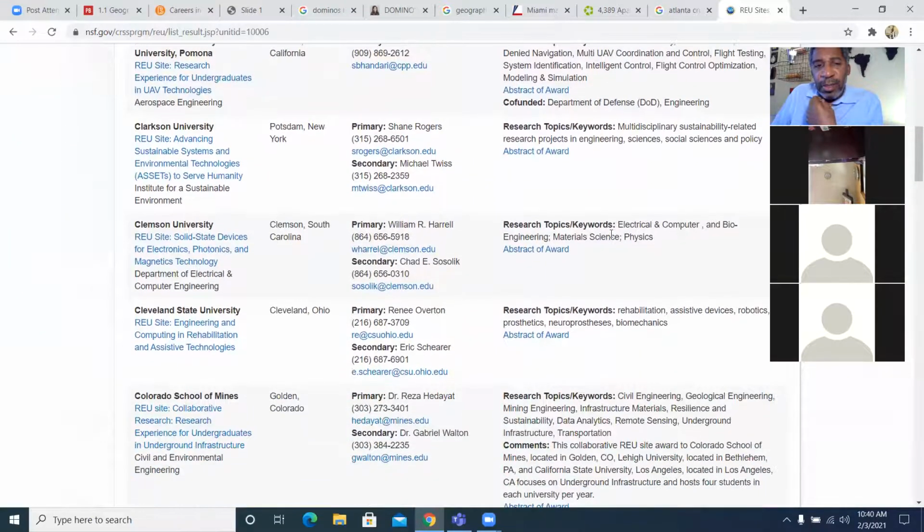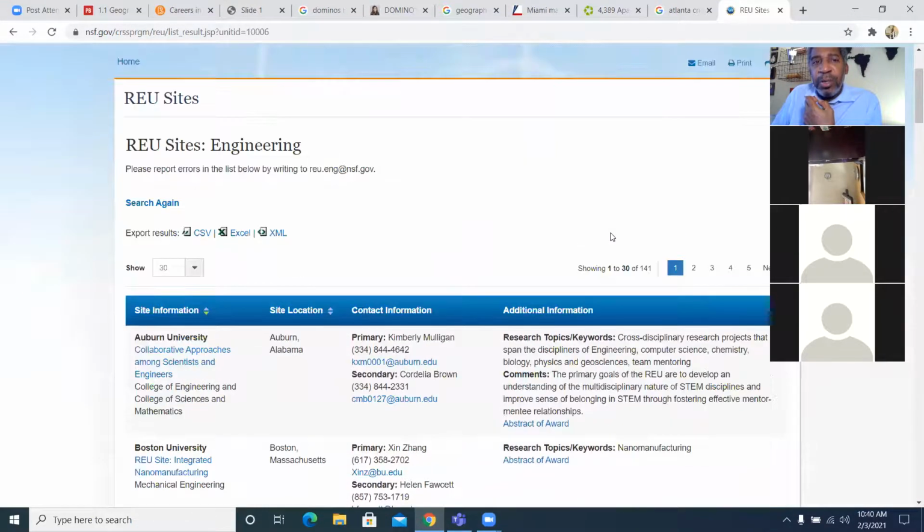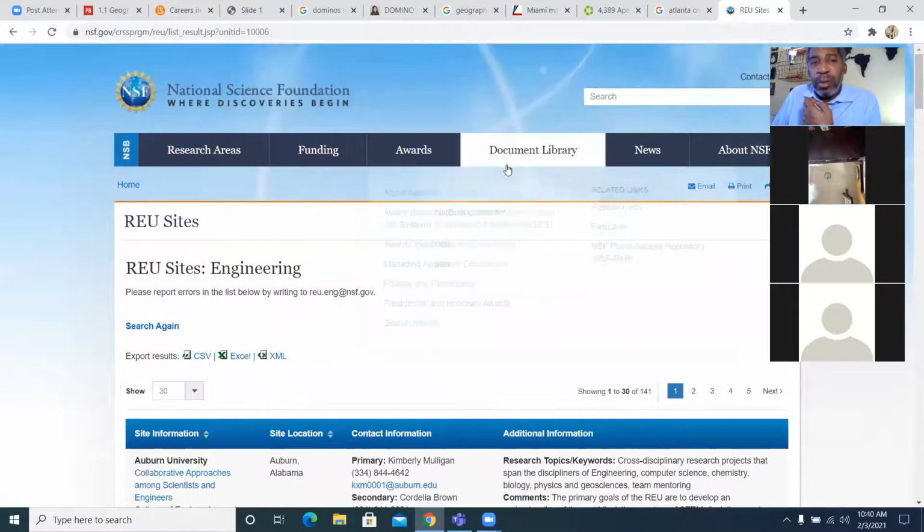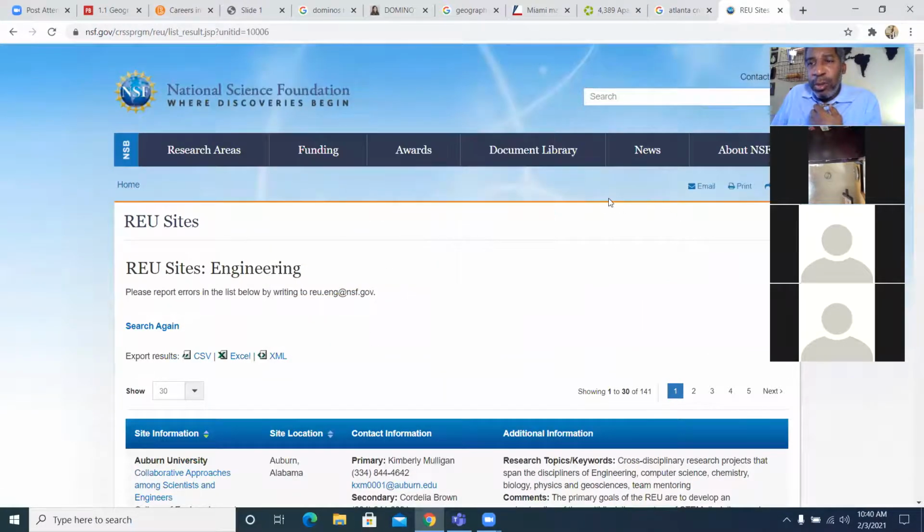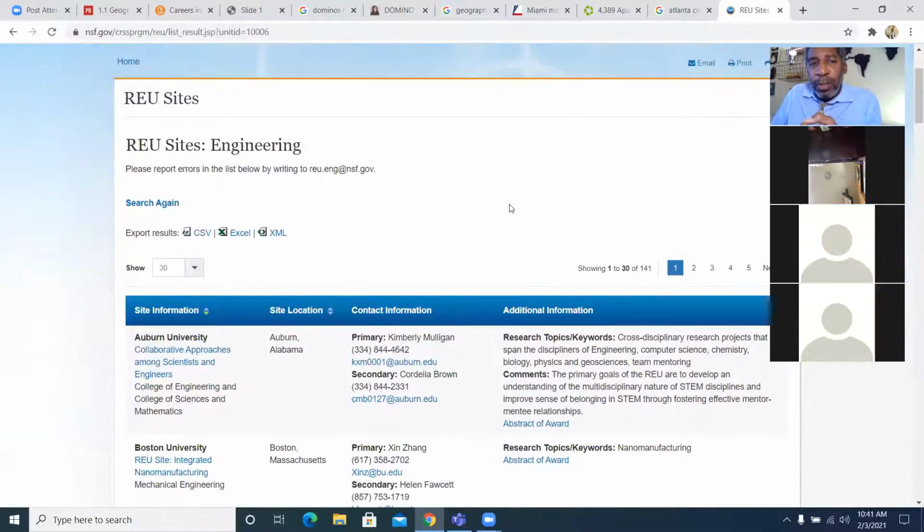There are lots of these. Typically, the way research experiences for undergraduates work is you're paid a stipend, usually somewhere between $6,000 to $8,000. In this case, a lot of these REU experiences are virtual. A lot of them got canceled last summer, but now a lot of these places have adjusted.